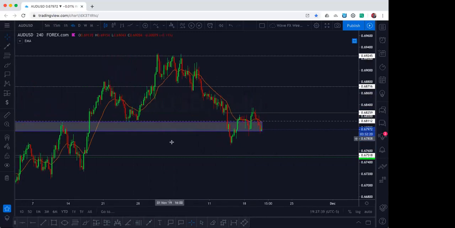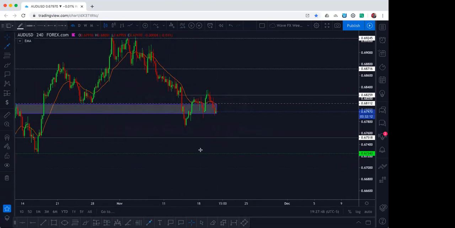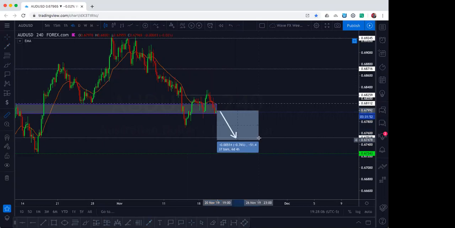The Australian dollar should be picking up strength as well. The economy is pretty good, so we should be expecting strength coming out of the Australian dollar. So this would be your first target point. Ideally, we'd want to see price tagging back these lows, but this level here would be your first target point. That would give you probably about 30-40 pips down. Yeah, 46 pips.